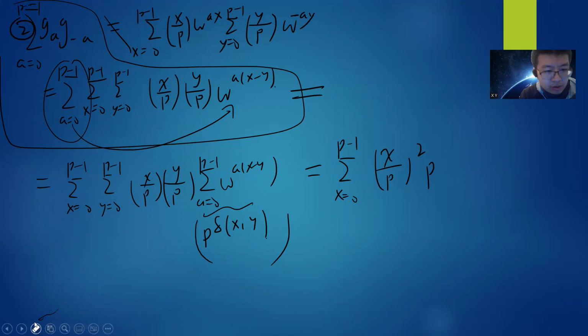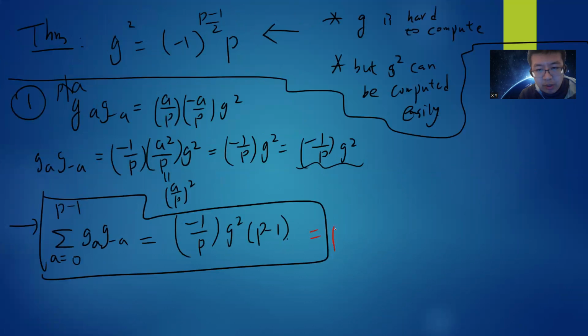Now it's very simple. This term is always 1, right? So I get p times p minus 1, because if x is 0, then it's 0. So that means this is p minus 1.